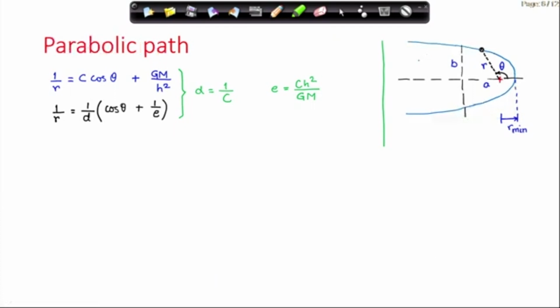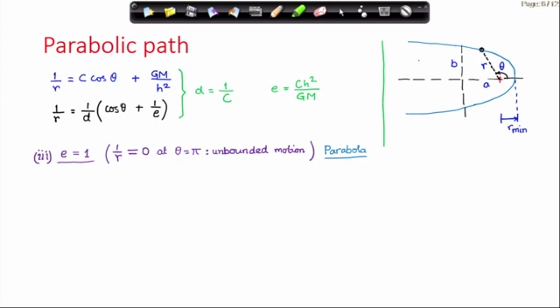Now, let us move to the parabolic path. I have drawn this parabolic path again; theta starts from the datum where r is r min. In a parabolic path the eccentricity is 1, therefore 1 over r can go to 0, therefore r can go to infinity, which means this is an unbounded solution.